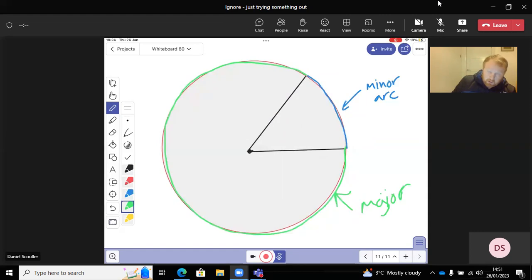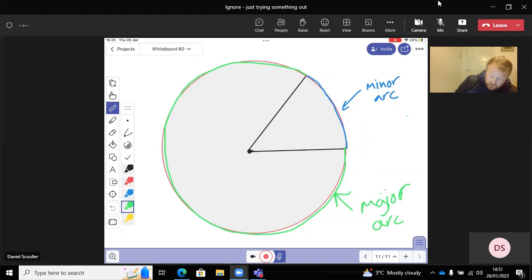They'll ask for the major or minor in the question, though they might word that a wee bit more awkwardly. When they're talking about arc, they're talking about a portion of the circumference, a portion of that outside edge of the circle. Minor's the smaller one, major's the bigger one.